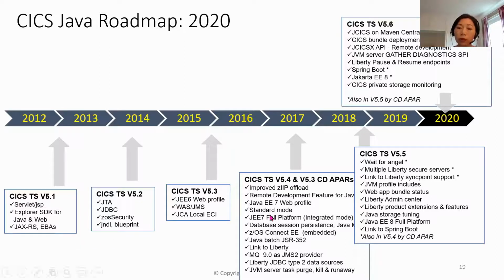From the CICS side, we have improved CICS Java over the past 3 releases, and a lot of those improvements are backported to the previous CICS releases as continuous delivery APARs as well. So hopefully that gives you a more rounded view of what CICS Java can offer for your consideration as well.